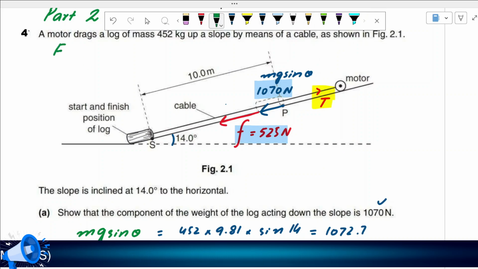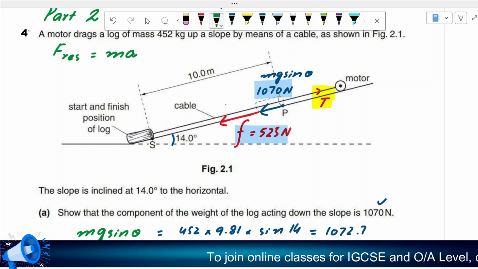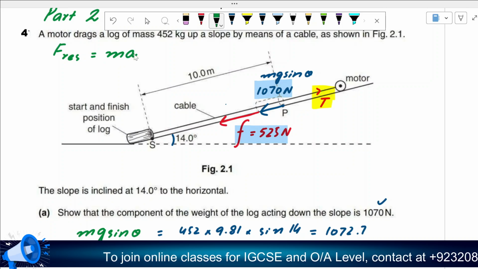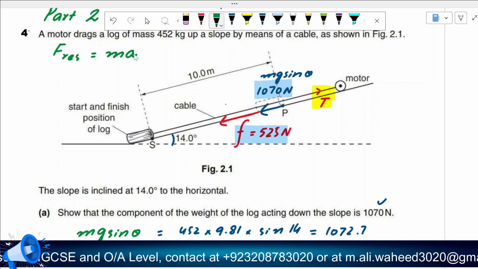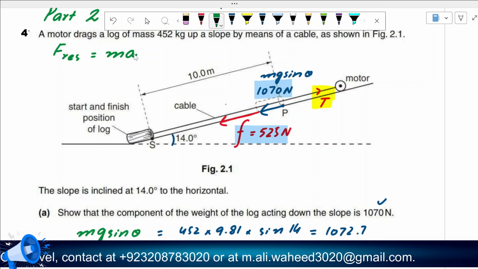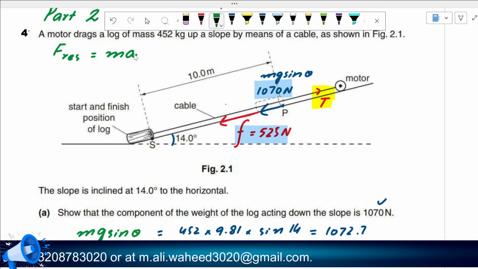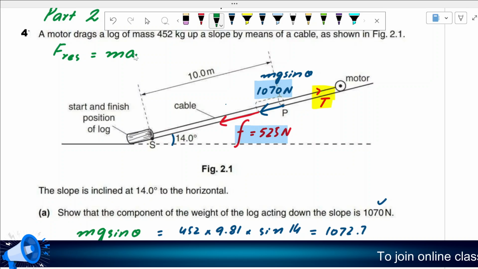According to Newton's second law, F resultant equals ma. Now, what is the resultant force? The resultant force would be the sum of the downward forces minus the sum of the upward forces, or the sum of the upward forces minus the sum of the downward forces. Upward means up the slope, downward here means down the slope. But which one of these sets of forces is greater? The answer is the force that is up the slope.